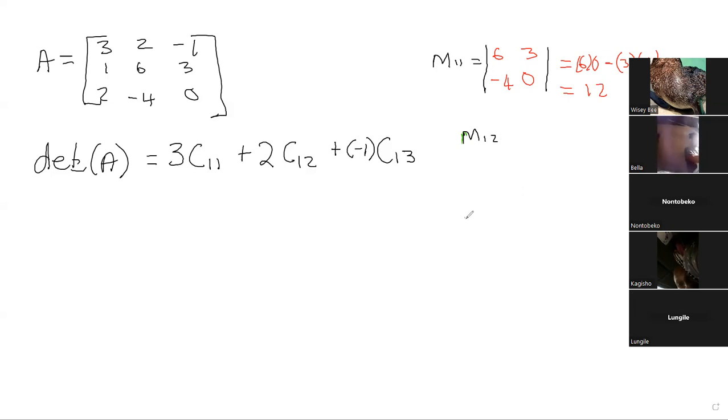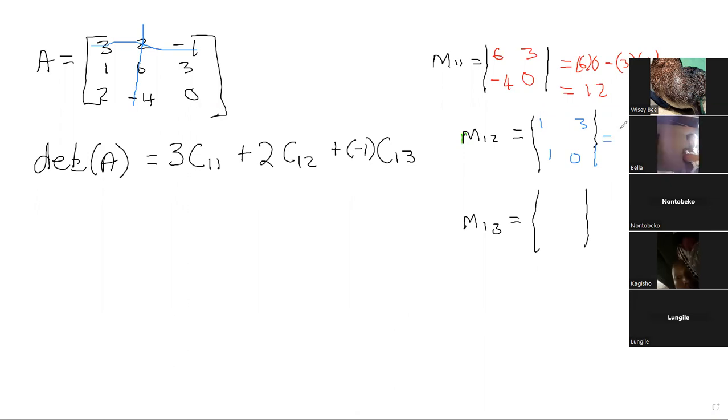Then we need to find M13. So just change color here. Make it blue. 1, 2, that's row 1, column 2. And then we're left with 1, 3, 1, 0. And then the determinant of a 2 by 2 is very easy.